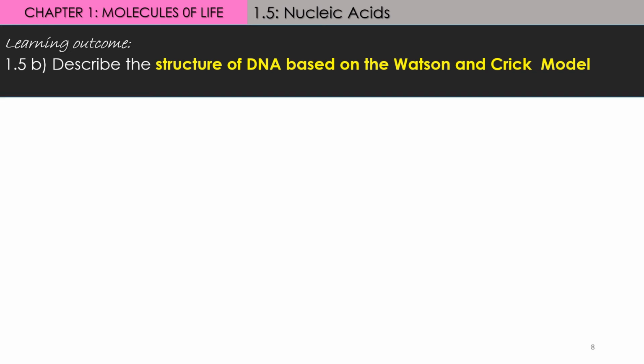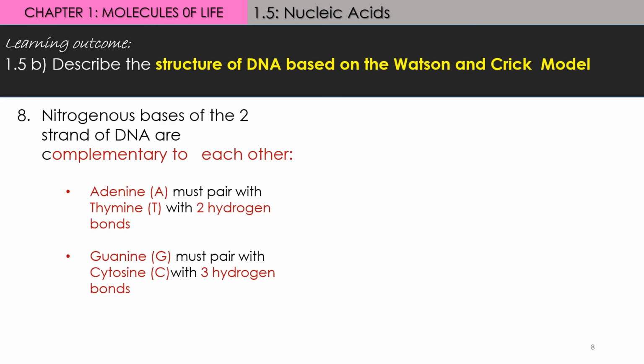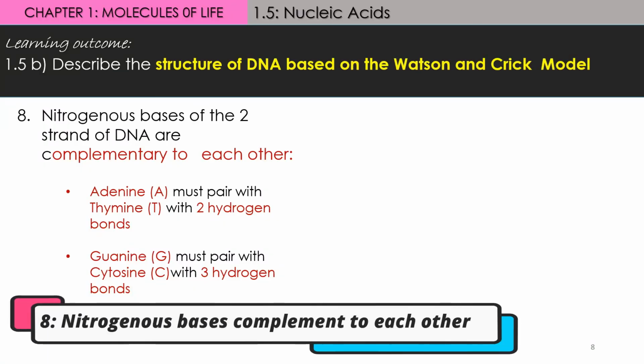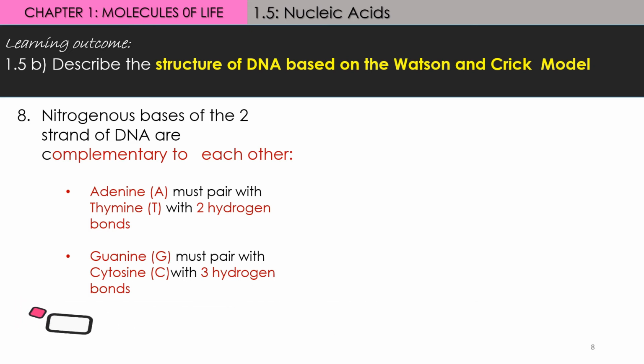Eight, the nitrogenous bases of the two strands of DNA are complementary to each other. For example, adenine must pair with thymine with 2 hydrogen bonds, and guanine must pair with cytosine with 3 hydrogen bonds.